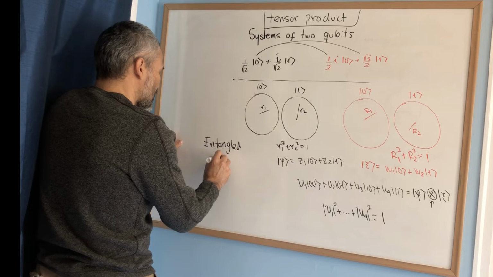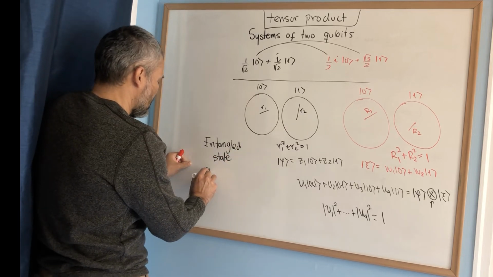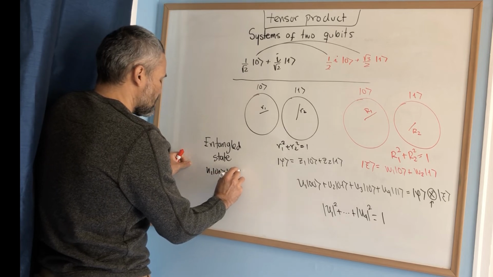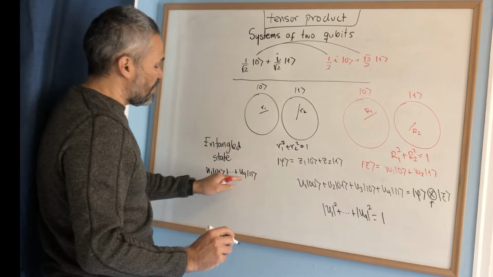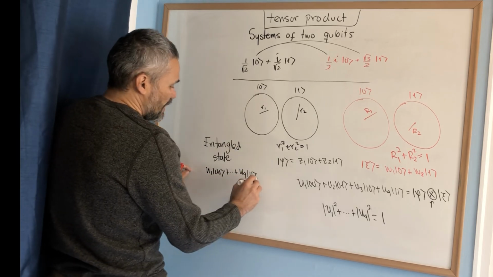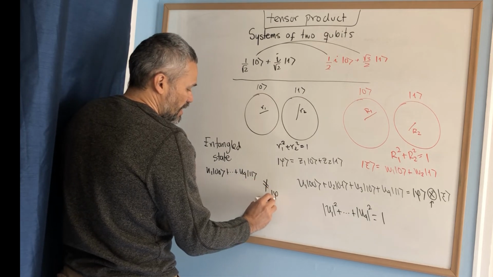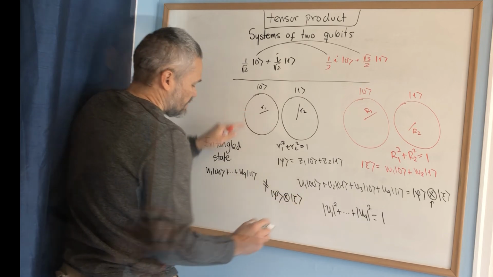Entangled. An entangled state is a state that looks like U1 0 0 plus U4 1 1, but with the property that this state cannot be written like a state here, tensor product, a state there.